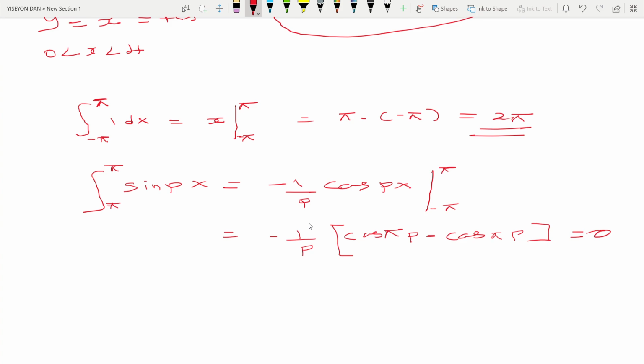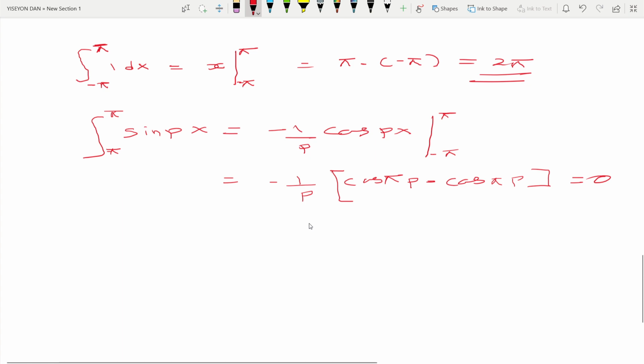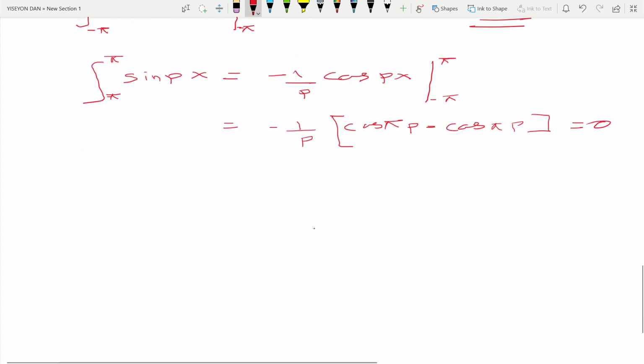So the integral of sine px from minus pi to pi is 0. Let's see the next question: we have the integral from minus pi to pi of cos px dx.